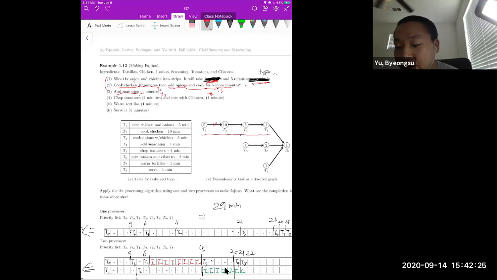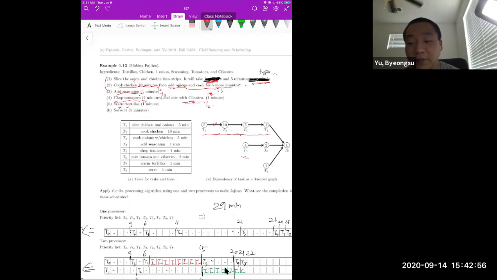Then you can chop tomato without cooking chicken. So this next one, T5, is independent of T1, T2, T3, T4. And you need to chop tomato to mix cilantro. So mixing with cilantro is T6, and it depends on T5. Then the next one is warm tortilla.